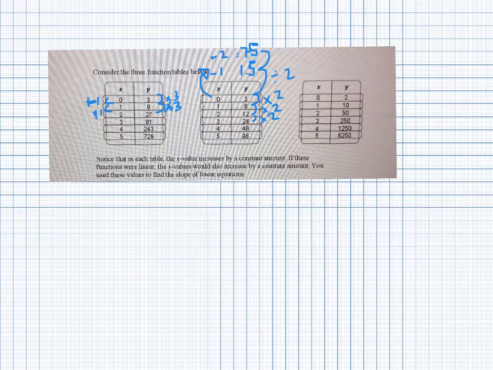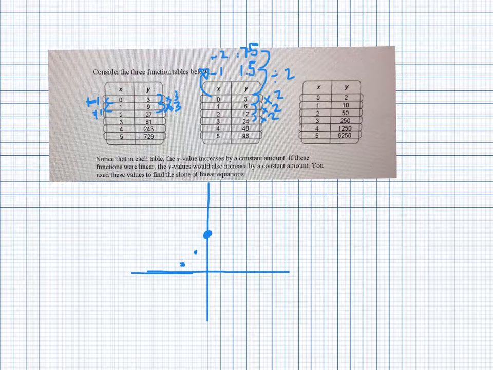And then they wanted us to graph it. So we can just make our graph right here. When we're at 0, we're at 3. When we are at -1, we are at 1.5. We are at -2, we are at 0.75.